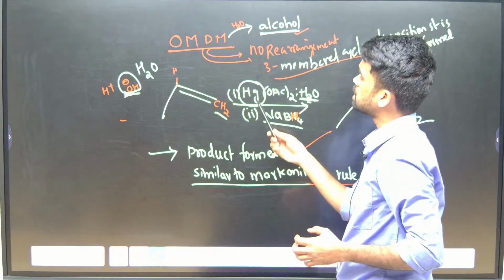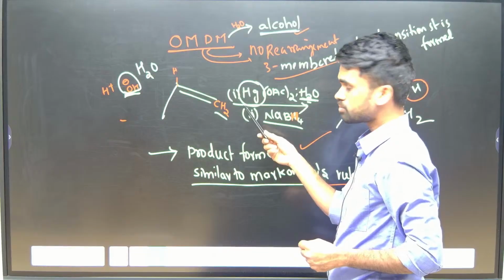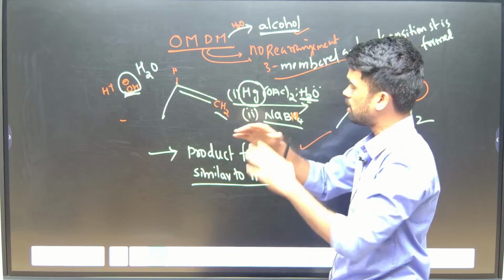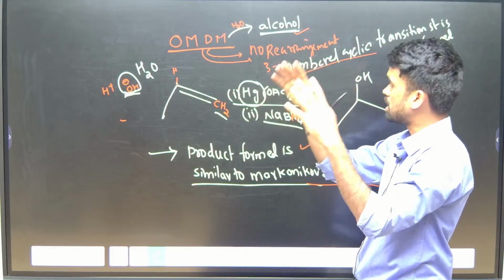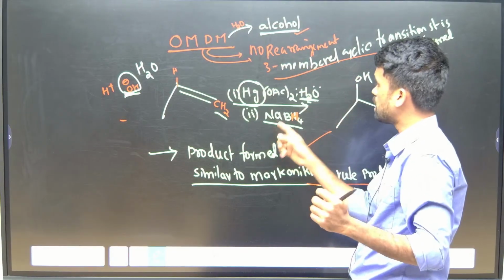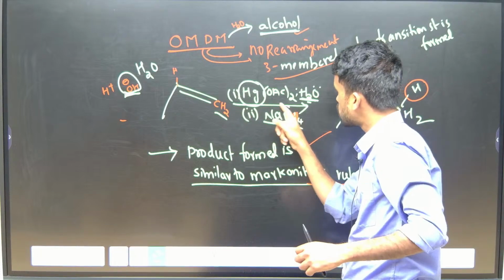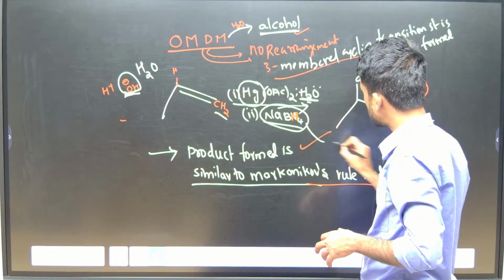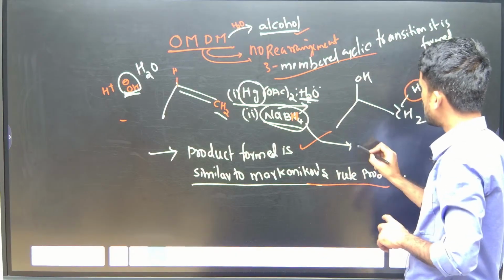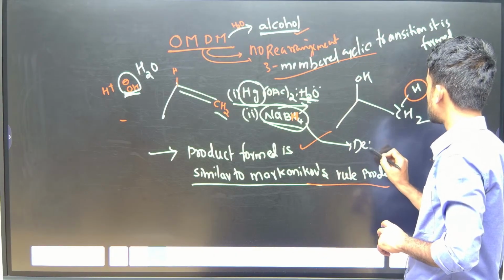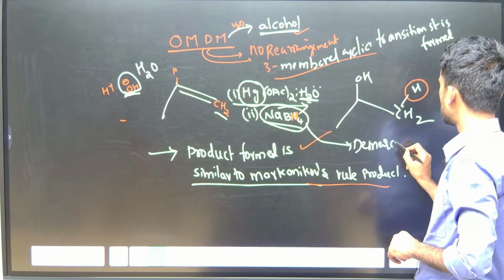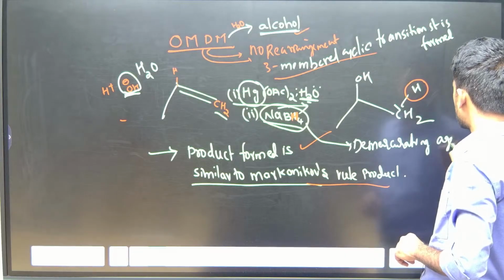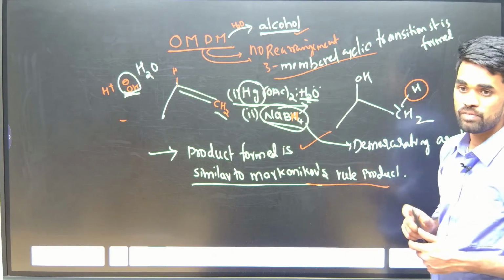Once water is added to the three-membered ring, ring opening takes place. From that ring-opened species, we need to remove this mercury. So we are using NaBH4 to remove the mercury. What is the use of NaBH4? It is a demercurating agent. This is the importance of NaBH4.